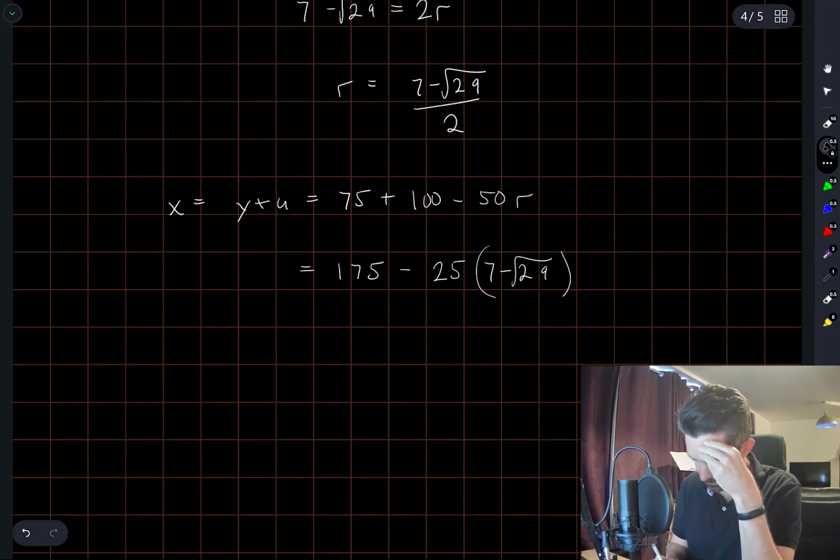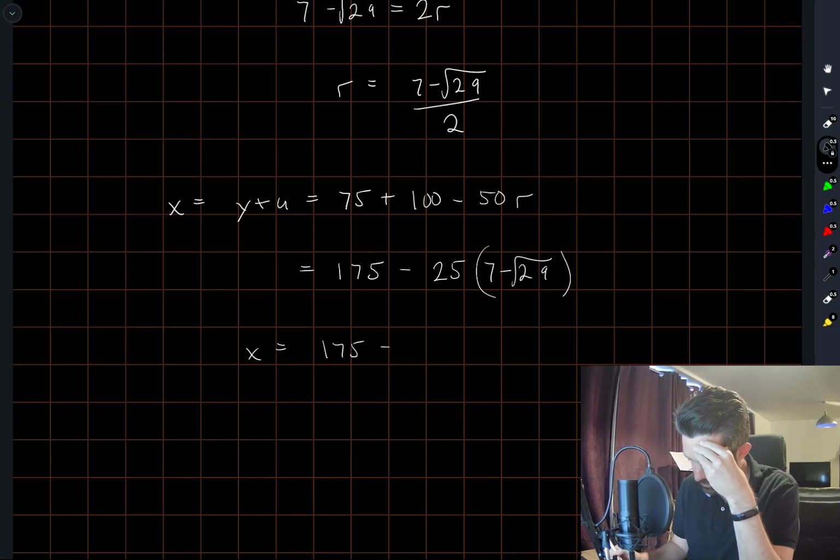Wow. Oh, wait a minute, this is convenient. 25 times 7 is 175. So x is equal to 25 times the root of 29.